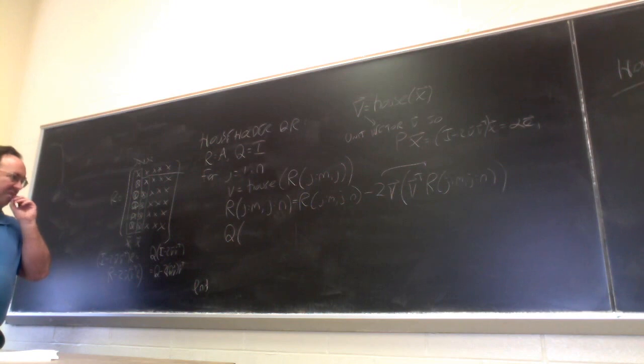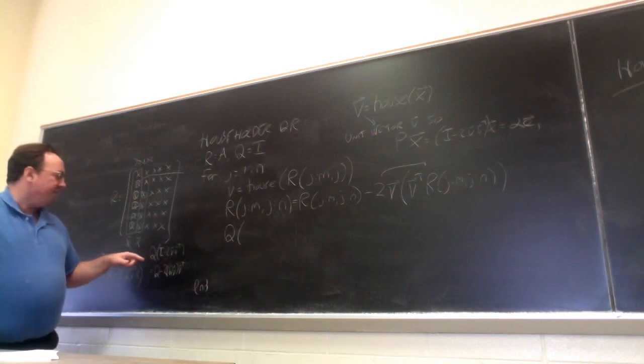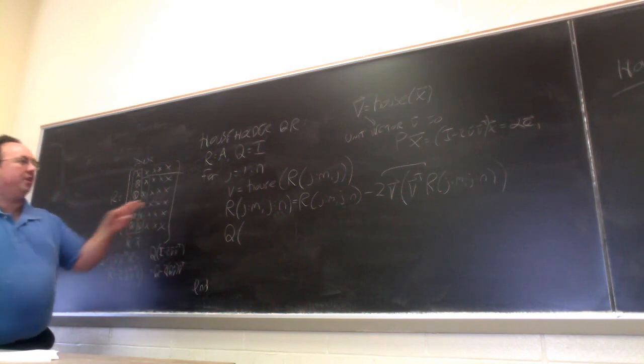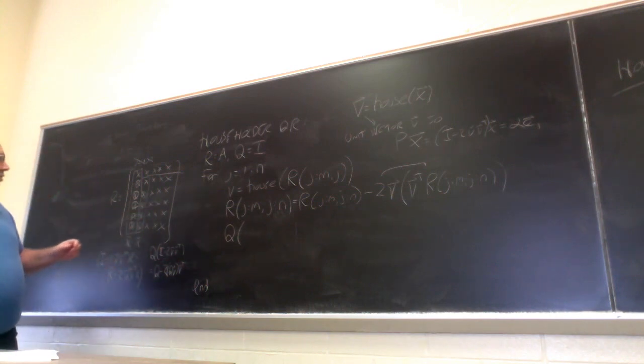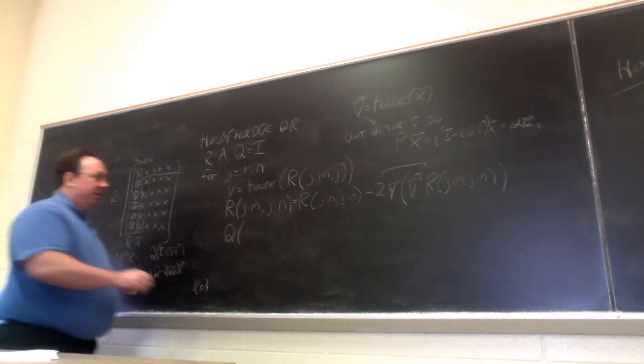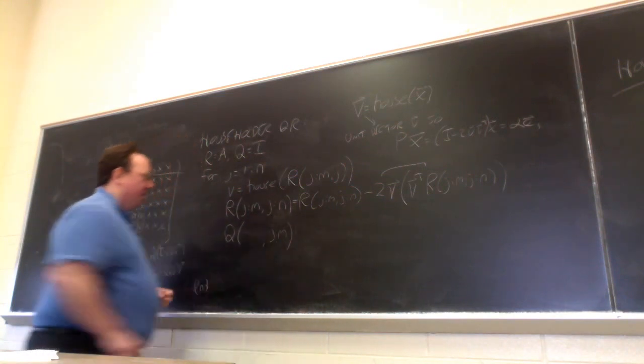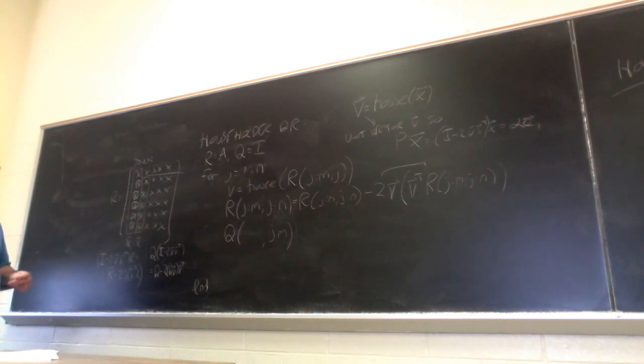So the one thing to keep in mind is now, just as this householder reflection affects only these rows when you're multiplying on the left, it only affects those columns when applying on the right. So the columns J through M are what are going to be touched by this householder reflection.